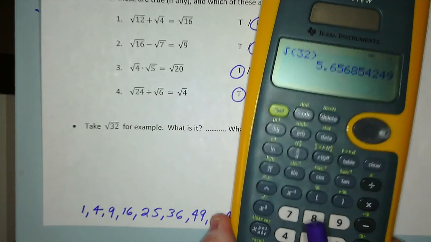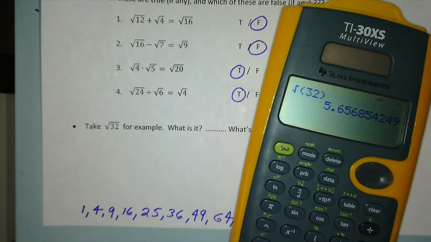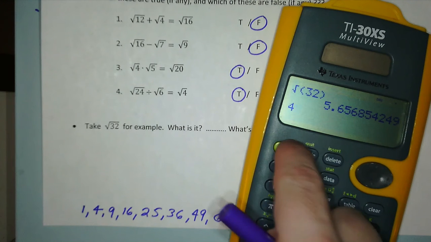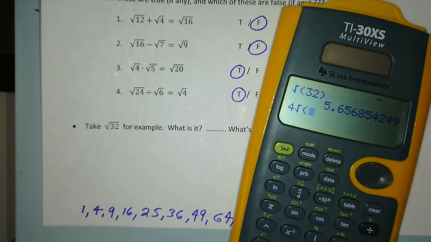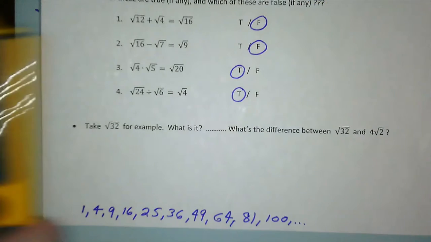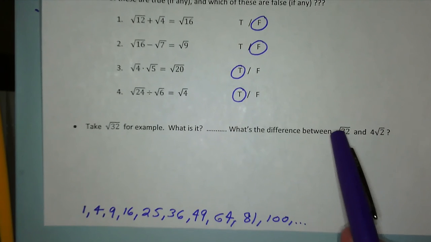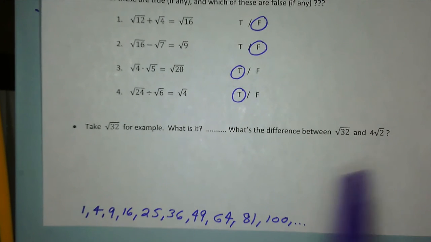Now, 4 root 2, check it out. 4, and then I do the second key on this calculator. Your calculator might be different. 4 root 2. I get the exact same answer. So here's what I'm getting to: this and this are the same number.